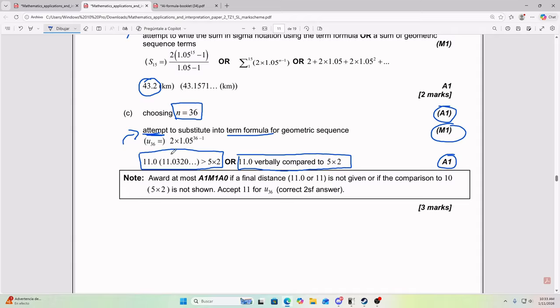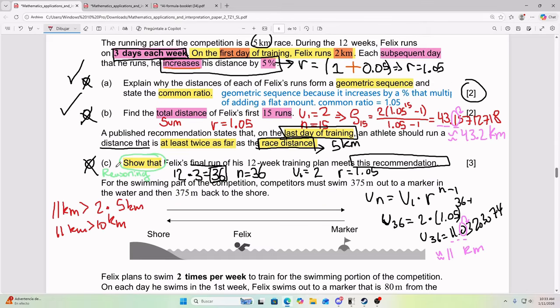As you can notice, it's not enough to reach the 11. You have to compare the 11 to the 5 times 2 because it does say show that, so you gotta give reasoning. So that's another small hint to keep in mind. The other way, maybe some of you are asking, okay, how do you know you have to do that to get a point? Well, on the first hand, it says show that. So if it says show that, you gotta give reasoning.